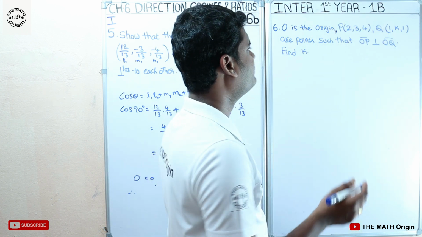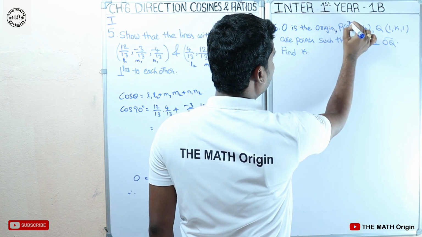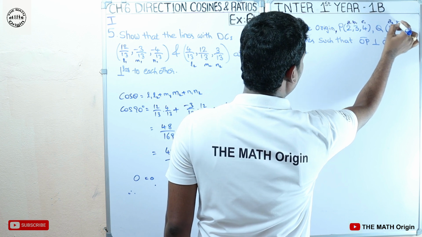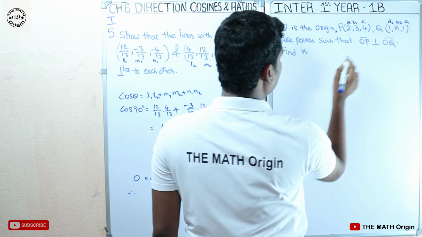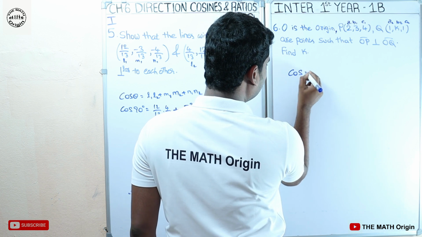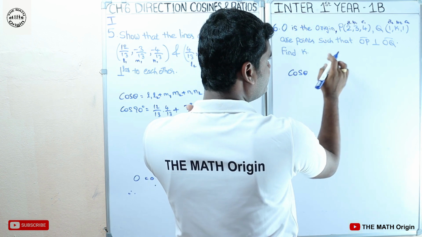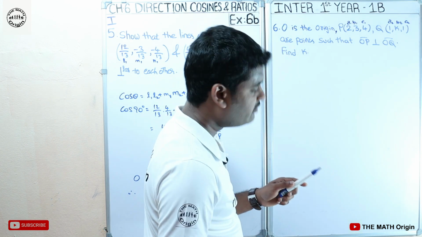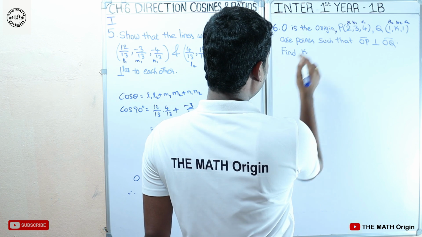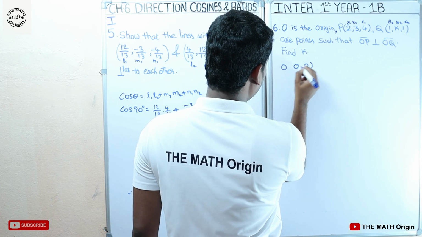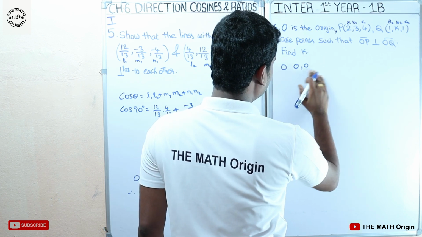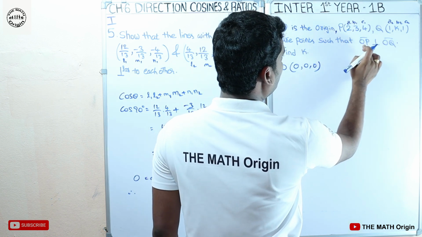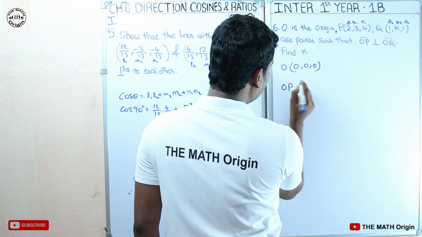Now here we need to consider these as direction ratios. Direction ratios, what should we take them as? A1 B1 C1, and this is A2 B2 C2. These are direction ratios. Now they mentioned O is the origin, and P, Q are the points such that OP, where O is also a point.